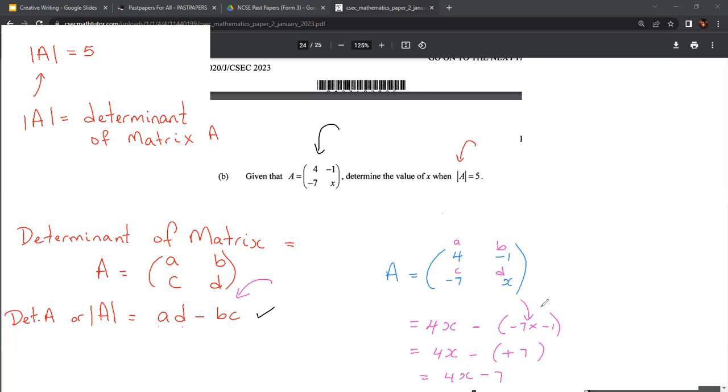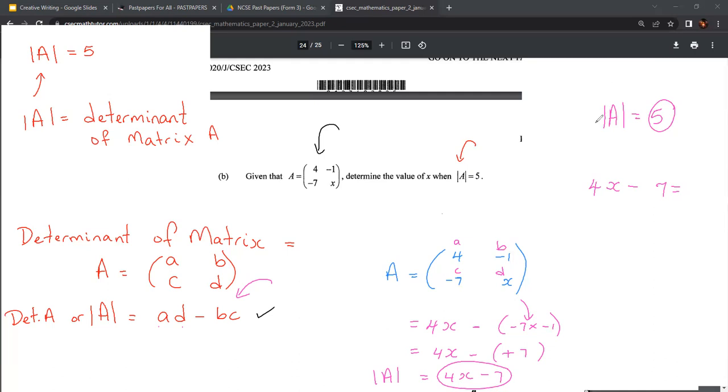And then they told me, now this here is my modulus of A. And they told me that my modulus of A is equal to 5. So that means this is equal to this. So they said find x when my, not modulus, sorry, I keep saying modulus, but it's determinant.